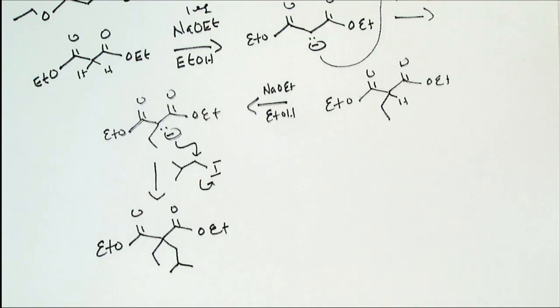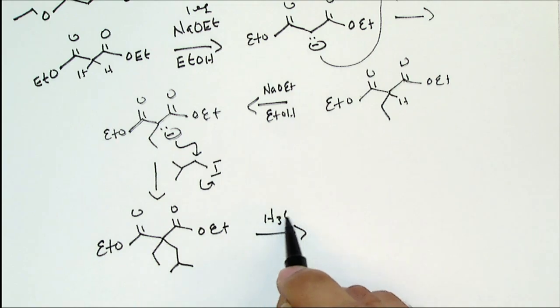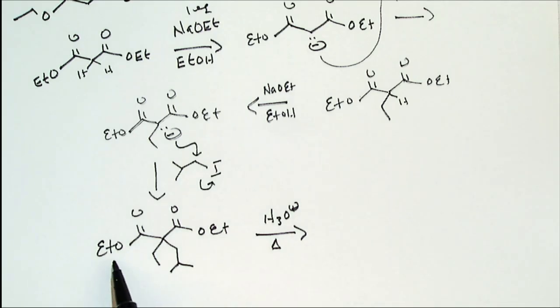But it turns out that if I actually hydrolyze this by adding an acid and usually warming this up, what will happen is one of these ethyl groups is going to, in essence, go away, and I say go away in quotes, and instead an H will be placed there, and the other ester is going to be converted to an acid.